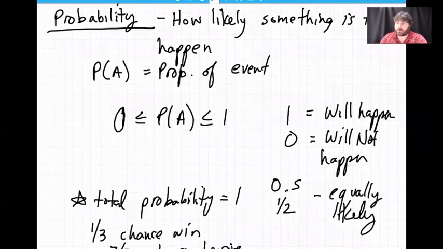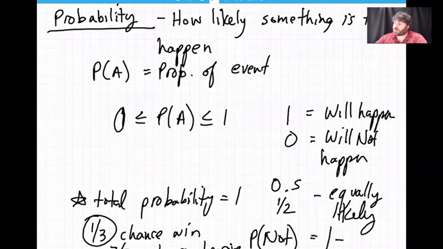So the total probability adds up to 1. So basically, if you know the probability of something happening and you want to know the probability of something not happening, you just do 1 minus the probability of it happening. Just take it away from 1. So 1 minus 1/3, that's 2/3. That's where I get that from. The probability of something not happening is 1 minus the probability of it happening.